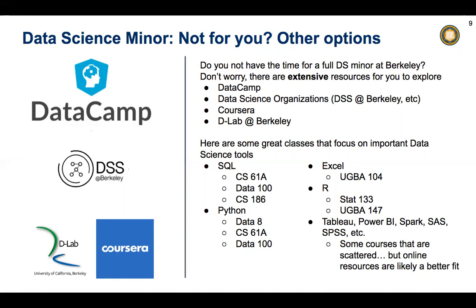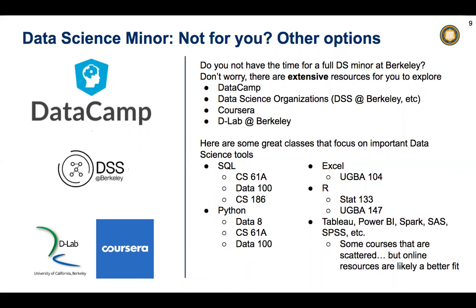And there's also Coursera and D-Lab at Berkeley. I found D-Lab pretty helpful for getting questions answered on any personal projects that I was working on and things of that sort.